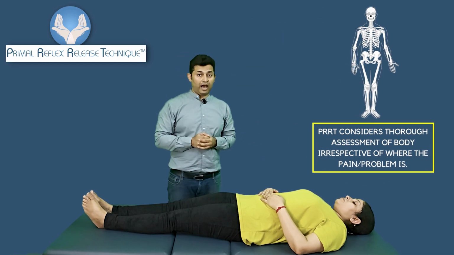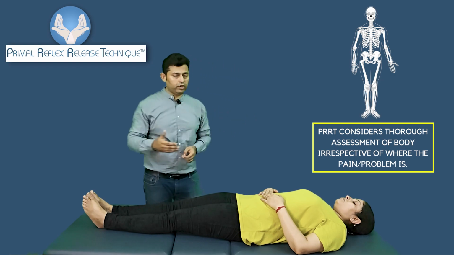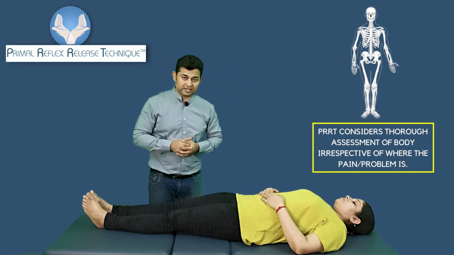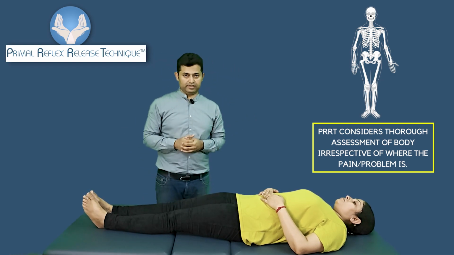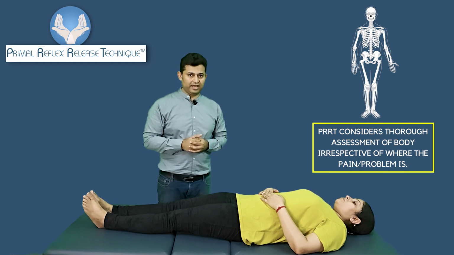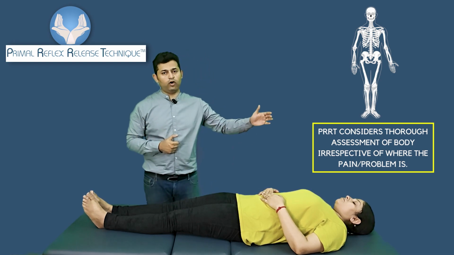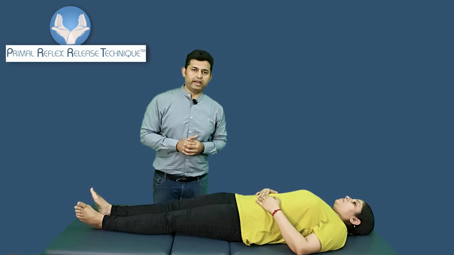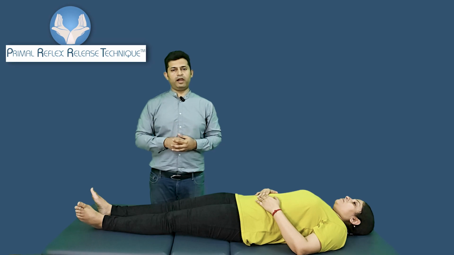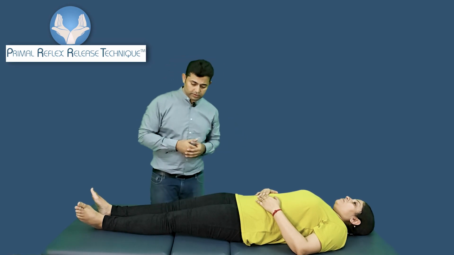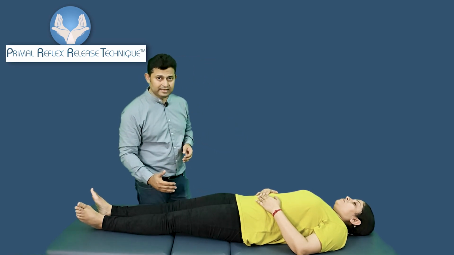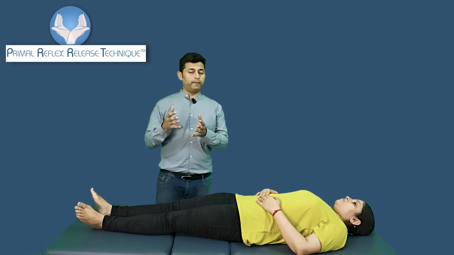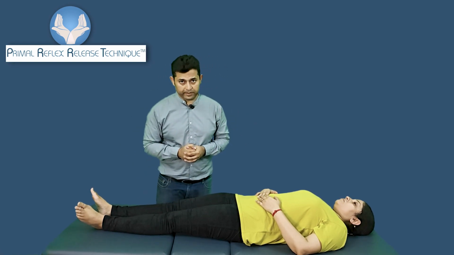PRRT practitioners are taught how to go about assessing the whole body irrespective of where the pain is. So just follow along and see how I screen the whole body for any pain patient. A set of around 25 areas are covered in the basic PRRT exam, where the therapist assesses both sides one after the other and compares the responses of the patient.